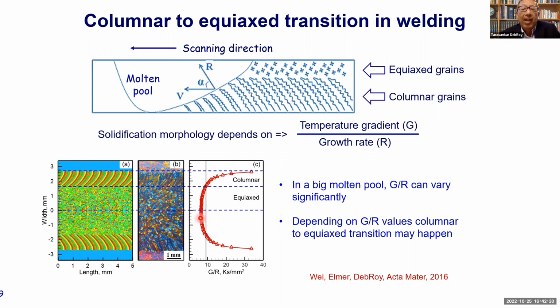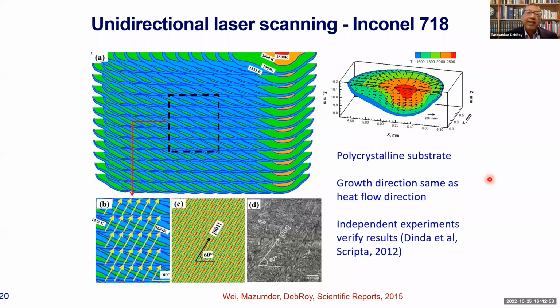And outside of this region, we have columnar grains because of the high values of G by R. And that is what the model can predict. So models of grain growth can pretty much tell us what to anticipate in terms of the morphology of solidification.